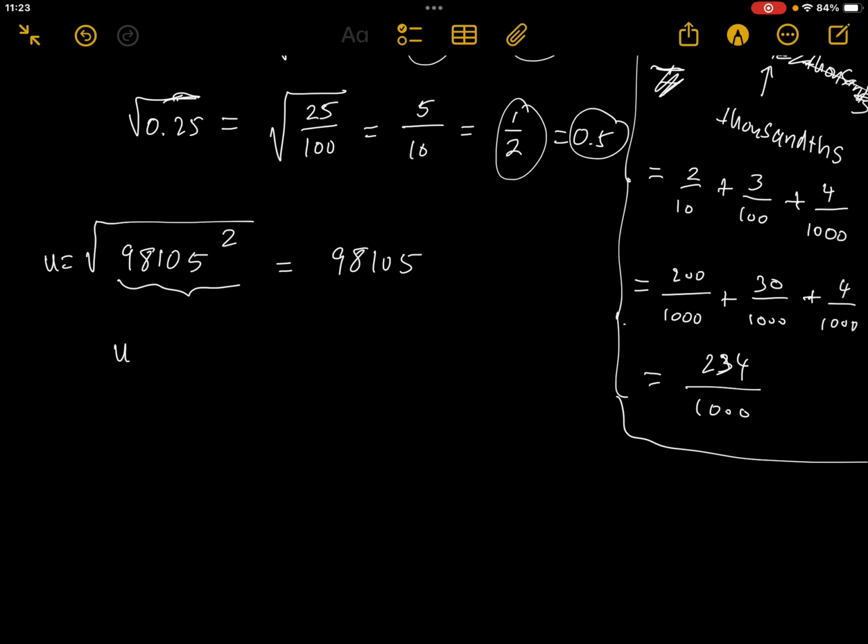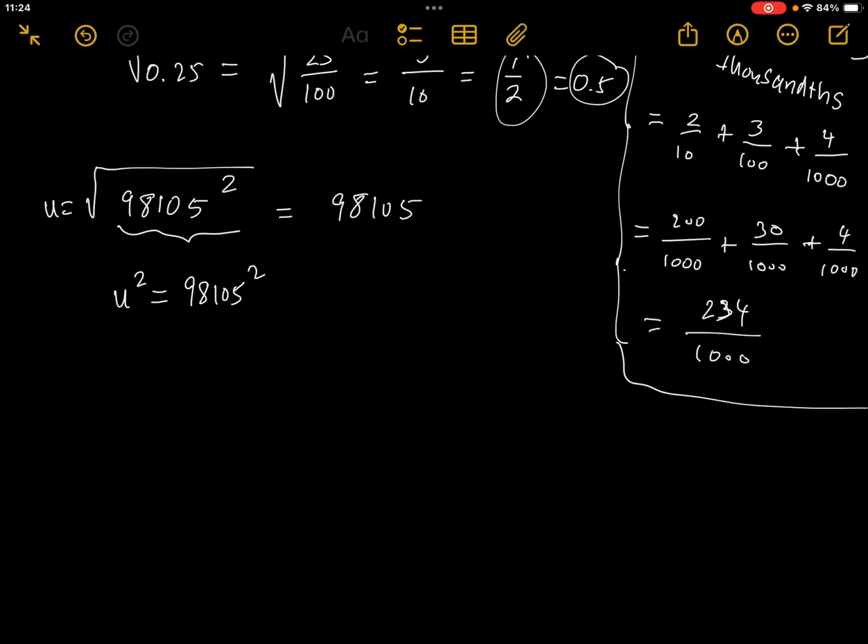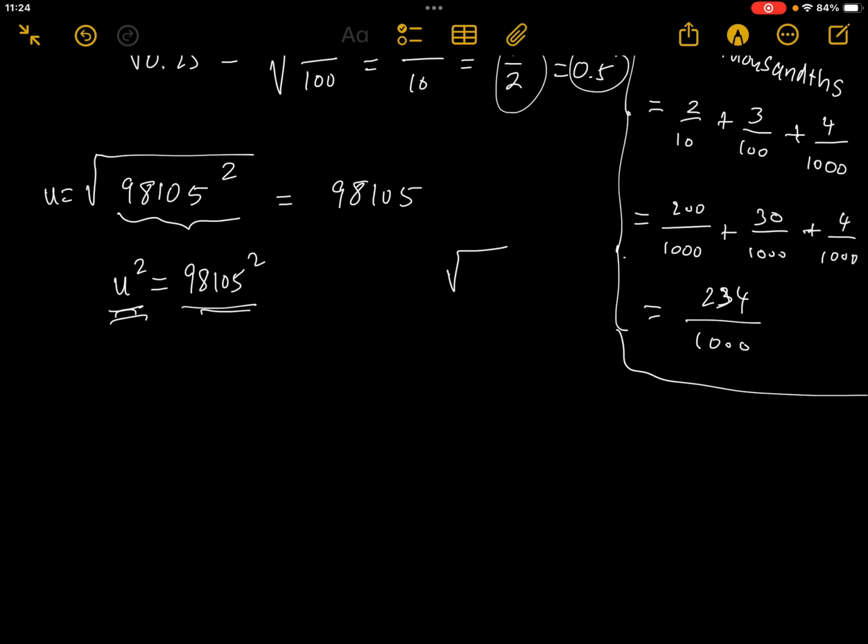That means that when I take u and square it, I have to get the thing inside the square root. The thing inside the square root is 98105 squared, right? So what u is going to make that equal to that? Well, 98105. So that's the reason why it's 98105. As long as you have something like the square root of a squared, if a is greater than or equal to 0, the square root of a squared is just equal to a.